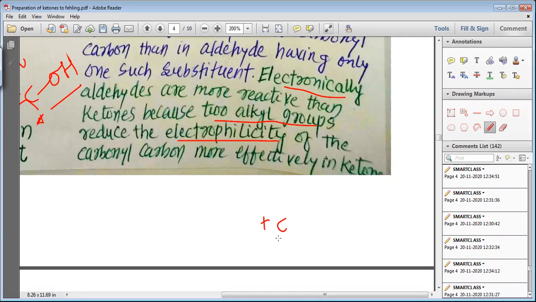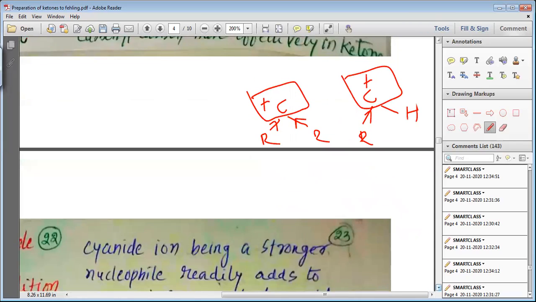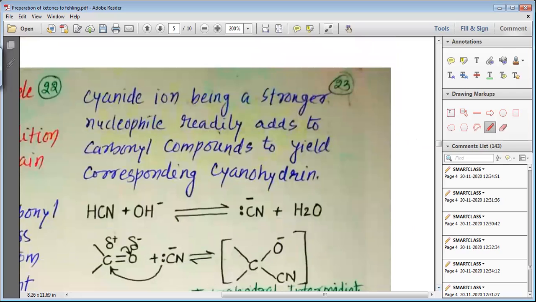Suppose this carbon is positively charged and two alkyl groups donate electrons to it. But with only hydrogen on one side and one electron-donating alkyl group on the other, the electrophilicity of this carbon decreases less. Here the electrophilicity of this carbon is more, and that is why electronically, too, aldehydes are more reactive than ketones.